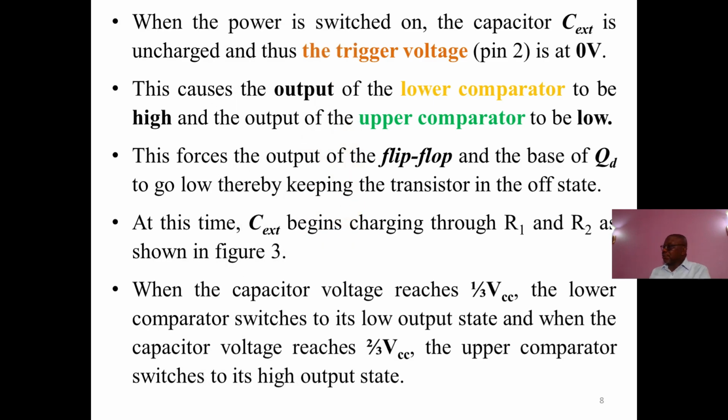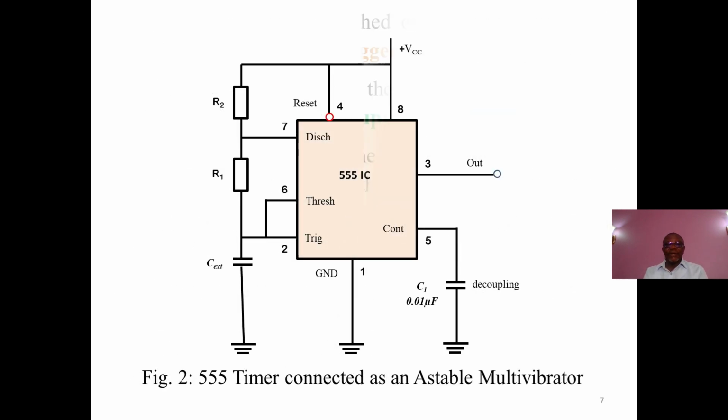Now, what happens is that when the power is switched on, the external capacitor, known as the C external, is uncharged, and this is connected to the trigger pin. Let's see that very well. When you switch the power on, the VCC, which is the supply, is switched on.